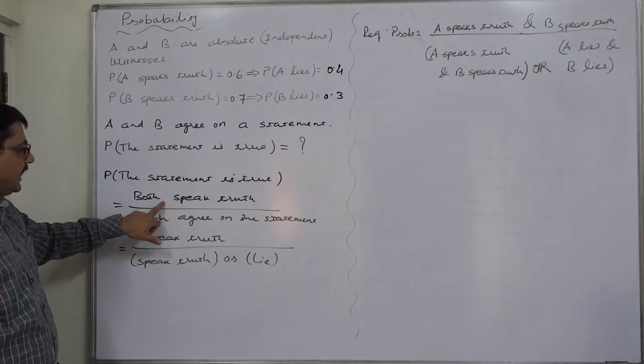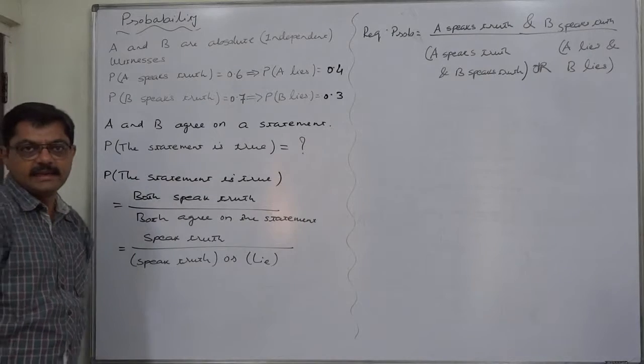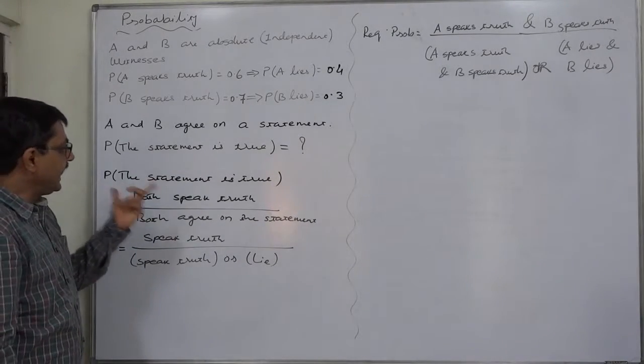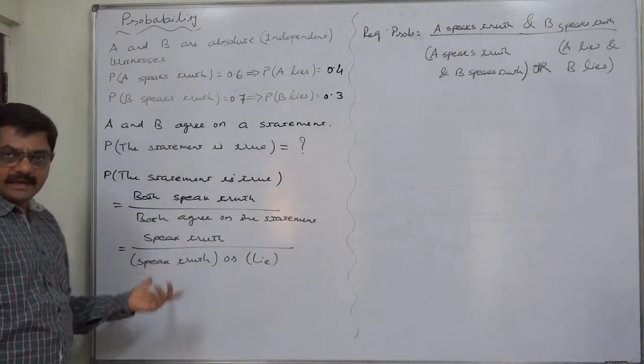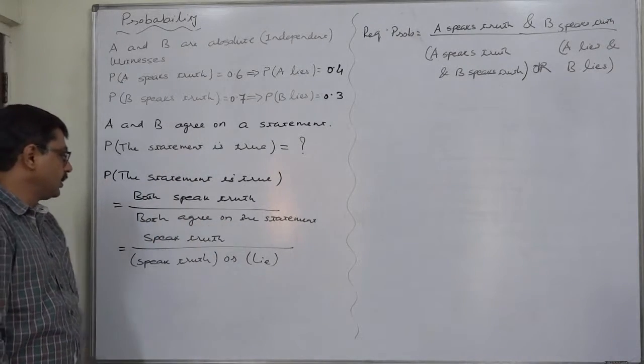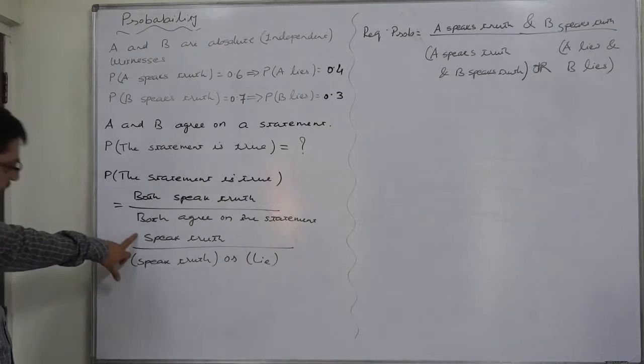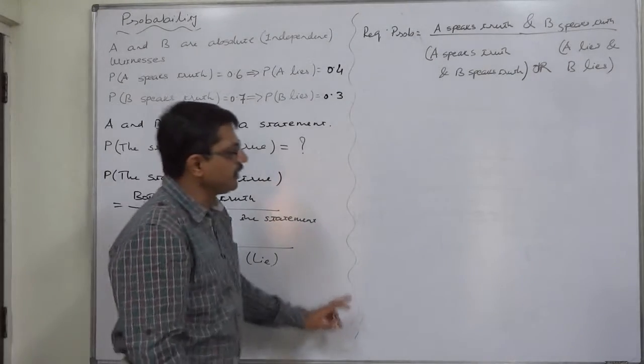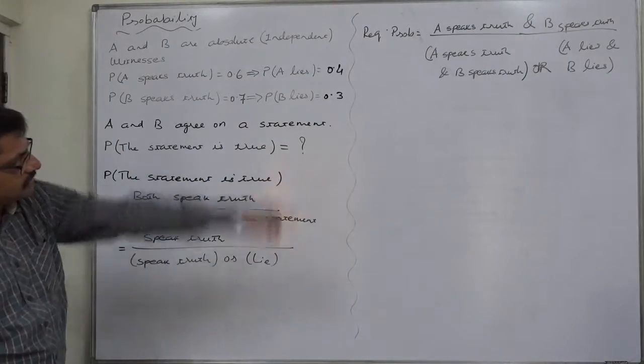Only the event both speak truth can stand in favor, but A and B agreeing on a statement is possible in two ways. So the probability will be favorable cases divided by total number of cases, and that can be elaborated in these two steps.